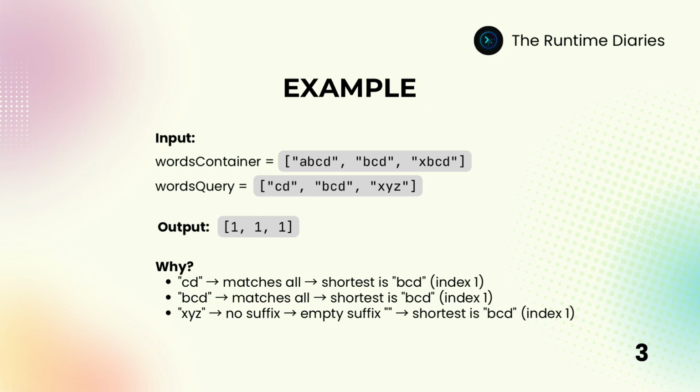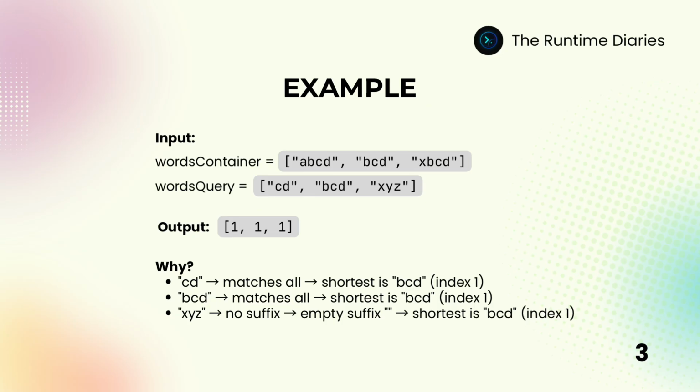Why? For the query CD, it matches all three container words with a suffix of length 2. The shortest container word is BCD at index 1. For the query BCD, same story. It matches all three, and the shortest is BCD at index 1.